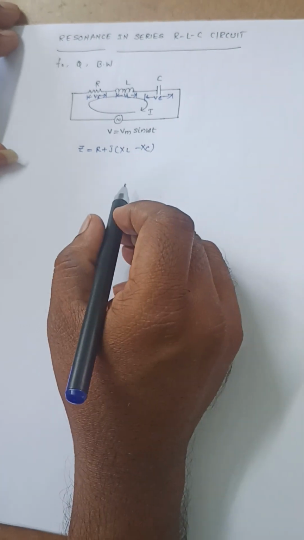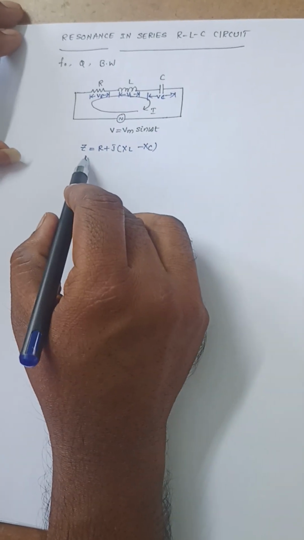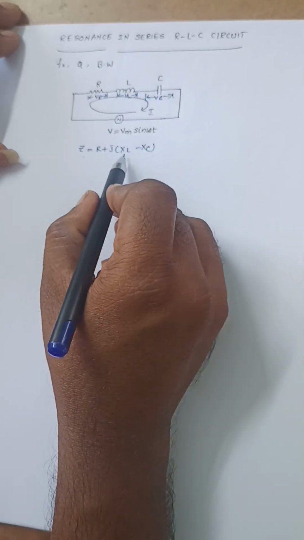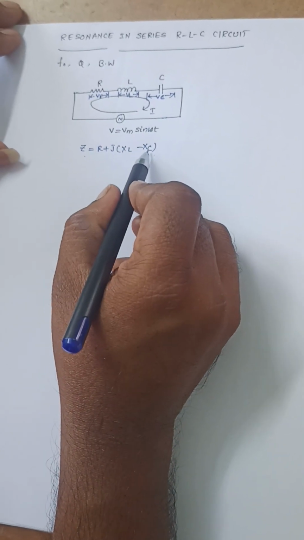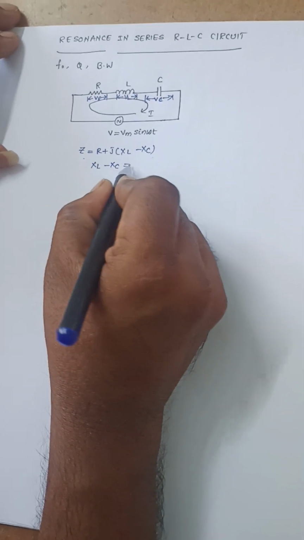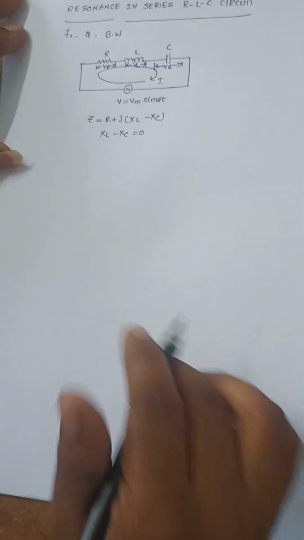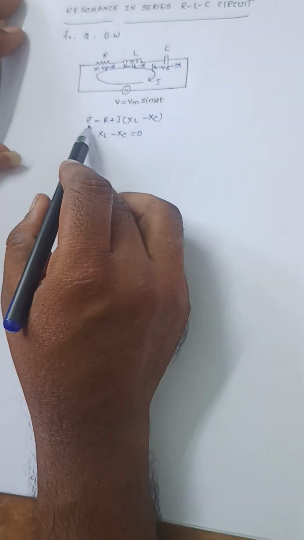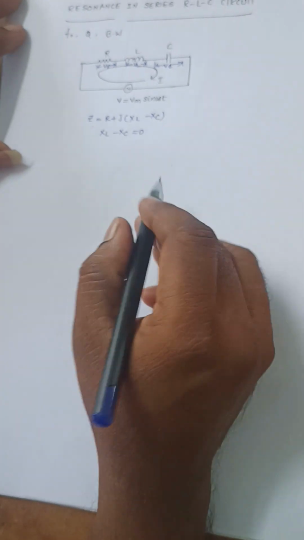Under resonance condition, this impedance should not have any reactive part, so XL and XC should get cancelled. That means XL - XC = 0, so that the impedance offers only the real part, Z = R.